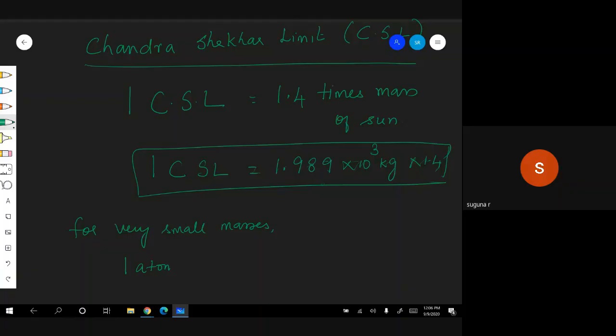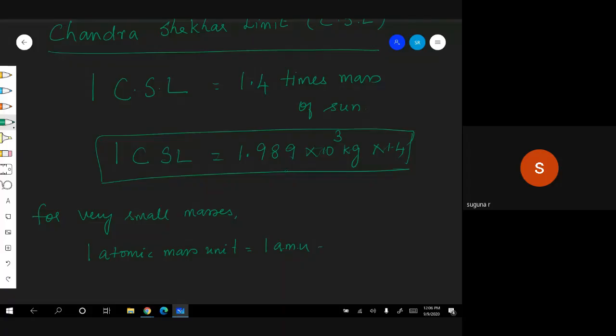What is 1 AMU? 1 AMU is nothing but 1.66 into 10 power minus 27 kilogram.